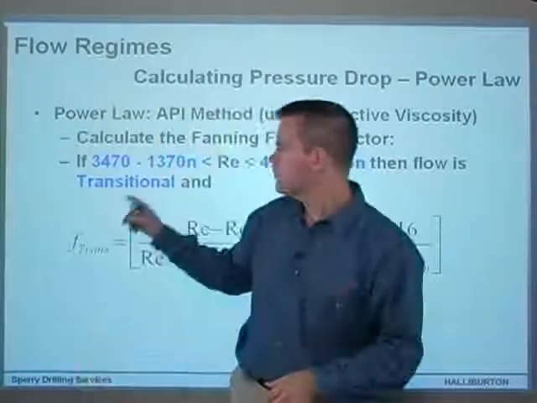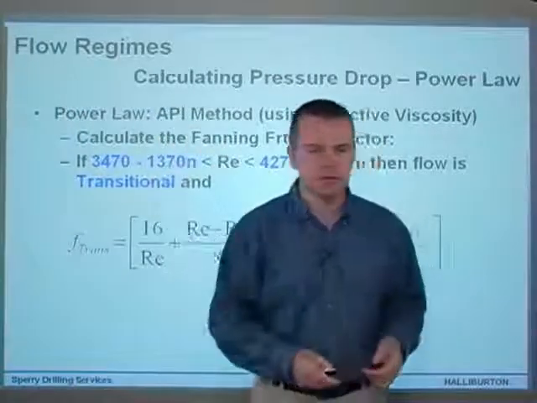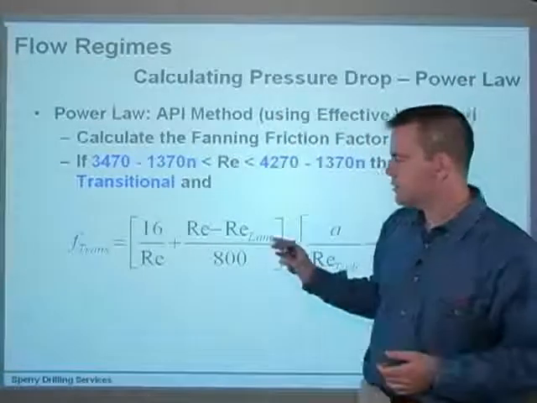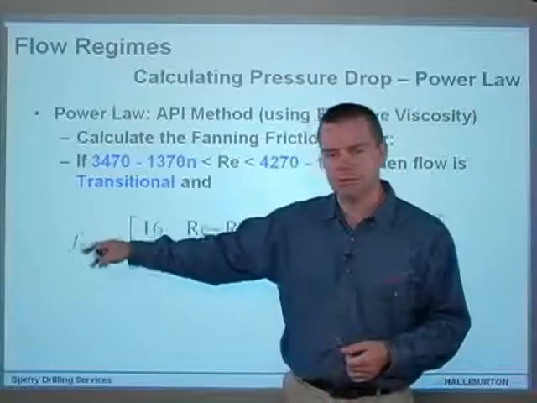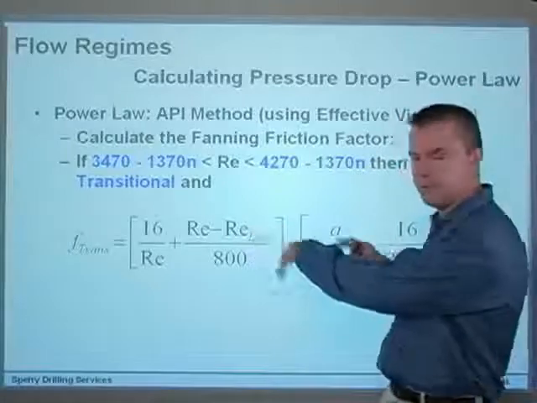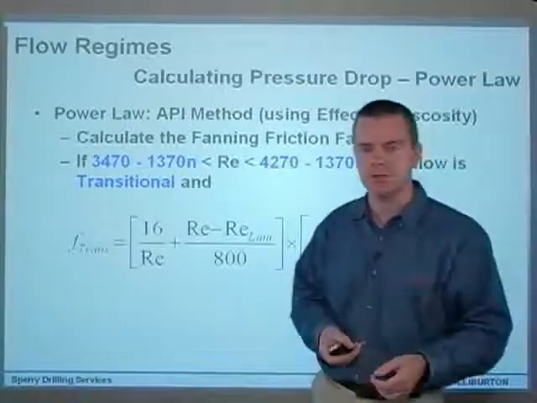It's a reasonably complex bit of algebra, but you end up with a fanning friction factor for transitional flow, which, if you look at the equation, takes a bit of both worlds into account.